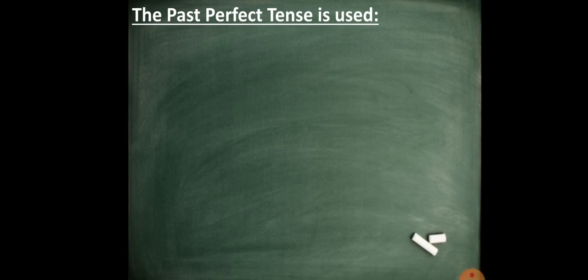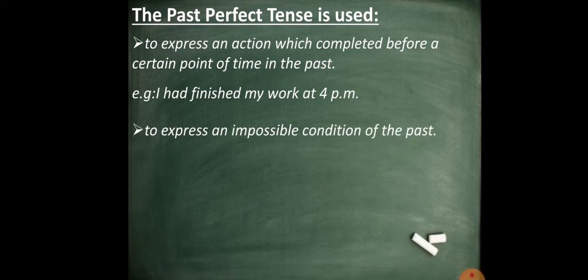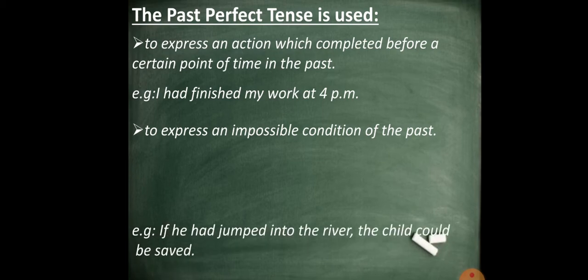The next form is the past perfect tense. The past perfect tense is used to express an action which completed before a certain point of time in the past. For example, I had finished my work at 4 p.m. It is used to express an impossible condition of the past.